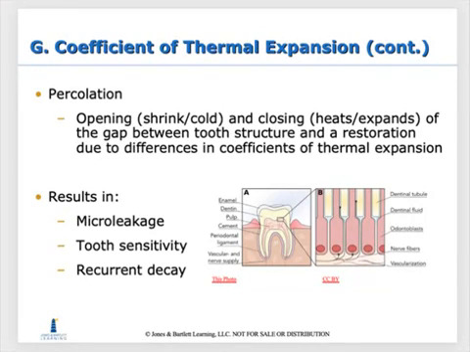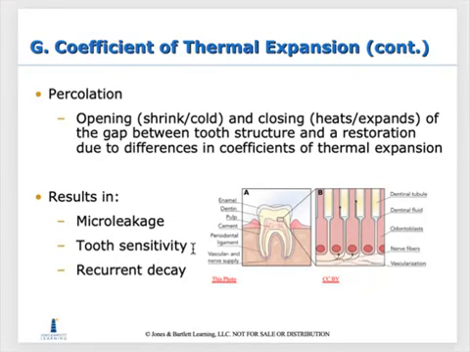And then we're going to get into talking about, still continuing with the coefficient of thermal expansion, percolation. So this is how things will open and close with the gap between the tooth structure and the restoration due to temperature. And this a lot of times can result in things that are not very good, such as microleakage, where bacteria and things are able to get in between a restoration and the actual tooth.